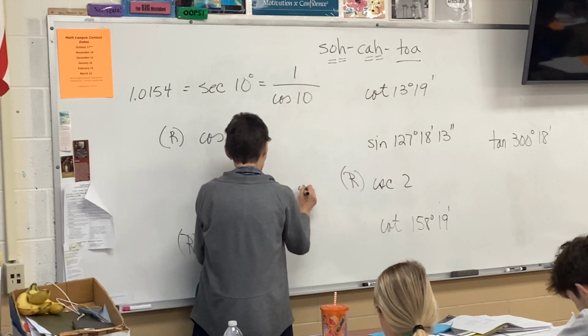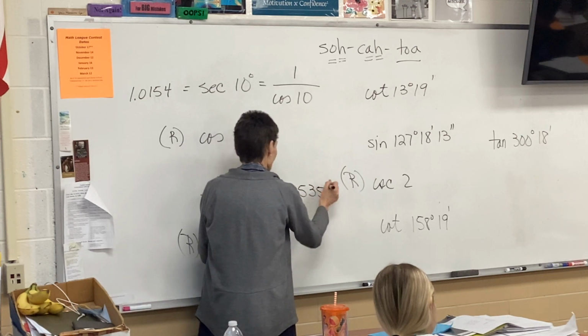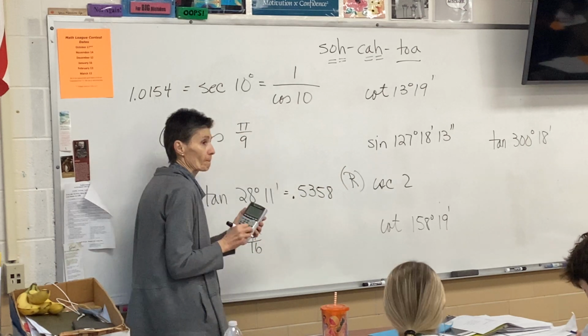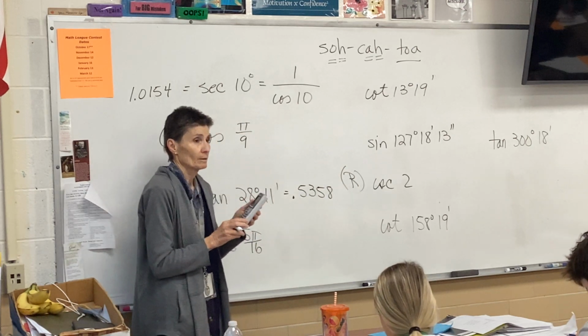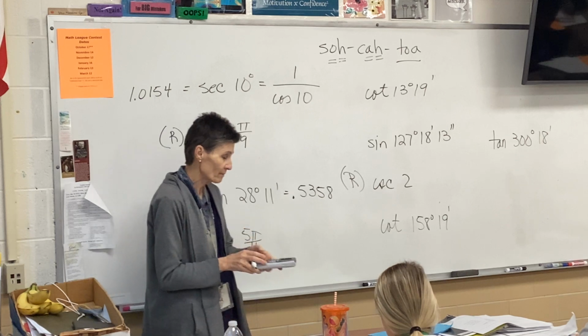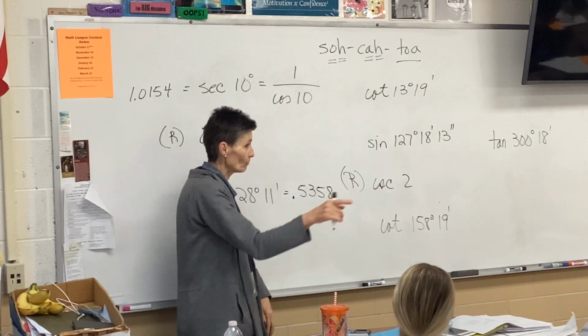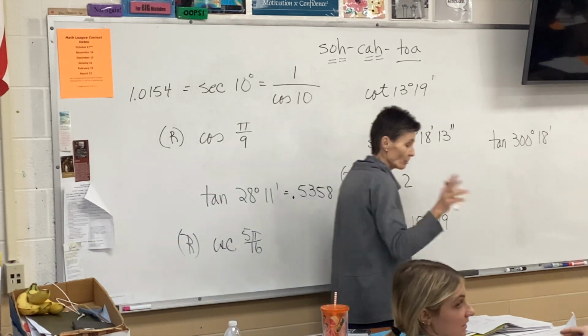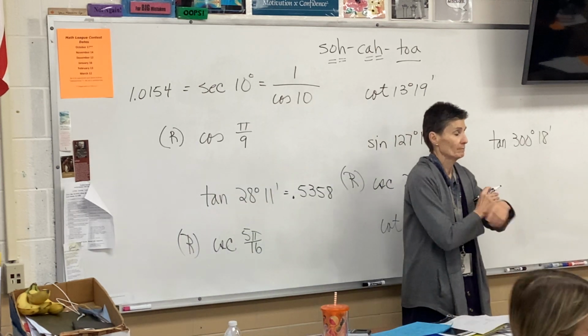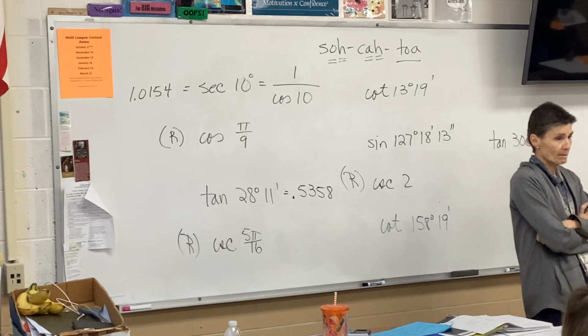And you should get 0.5358. All right, who got 0.5358? Okay, keep your hand up in the air. If you didn't get that, go find one of those people. I've already taught you how to do this. I'm sorry you forgot. Go find somebody.